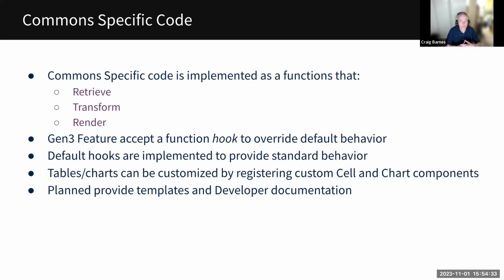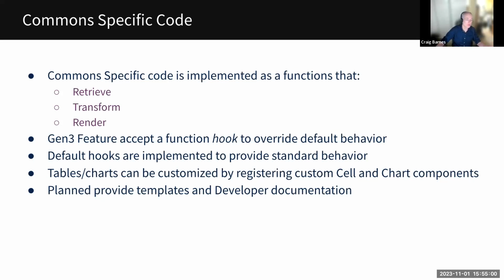Things like tables and charts can be customized by registering custom cell rendering and chart components. So you can take tables that we have and say, this data column needs this sort of data transformation before I can render it, or I'd like a badge or some sort of representation there. You can register these simple rendering functions to customize how these work.